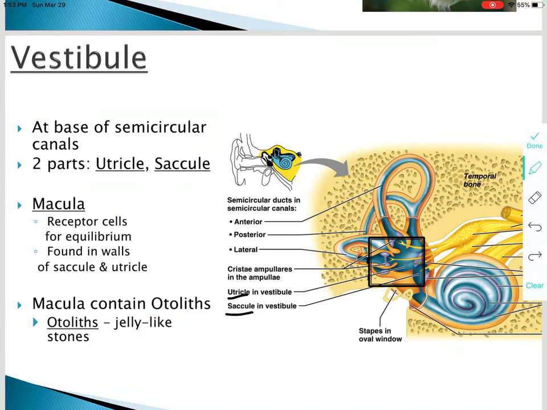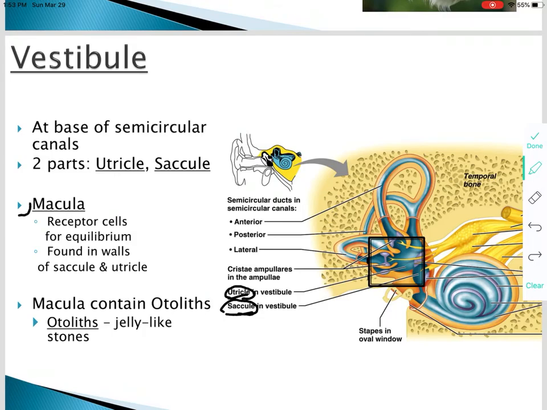All right, let's talk about some more specifics. Inside the utricle, so we're going to be focusing more on the utricle, there's an area of specialized cells. There's an area of specialized cells in the utricle and the saccule, actually, called macula.